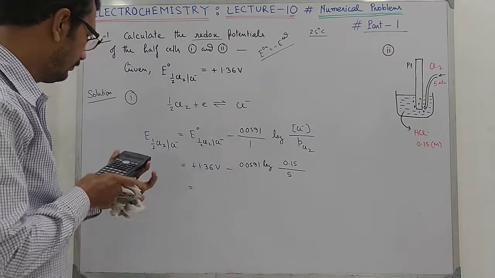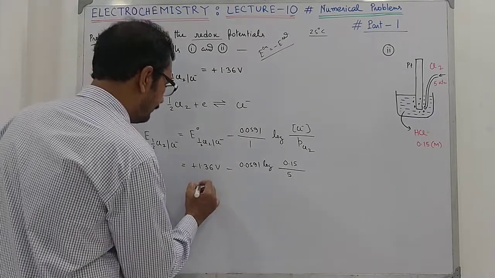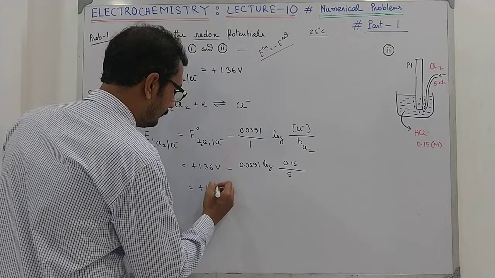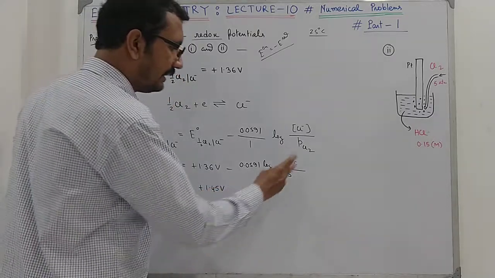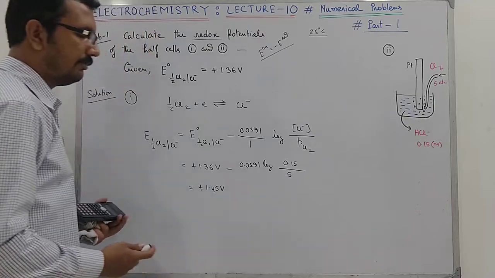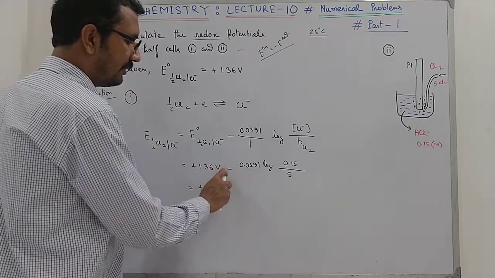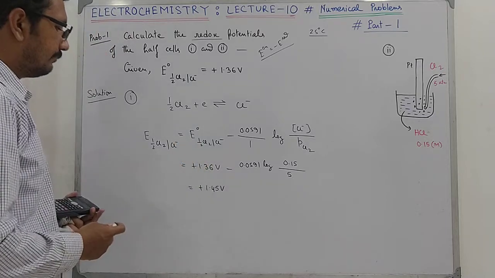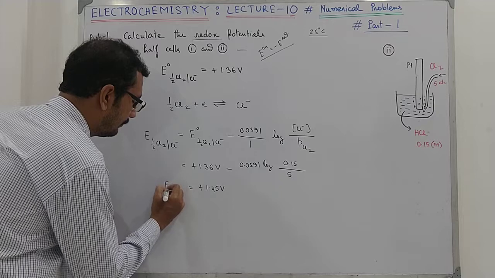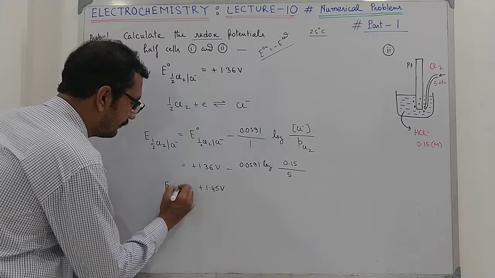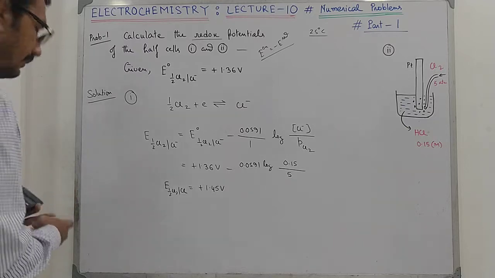So it is giving you plus 1.45 volt. Within the logarithm you are getting a fraction which is less than 1, so it will be negative, and this negative will be positive, so it will add up, and we are getting an enhanced reduction potential.